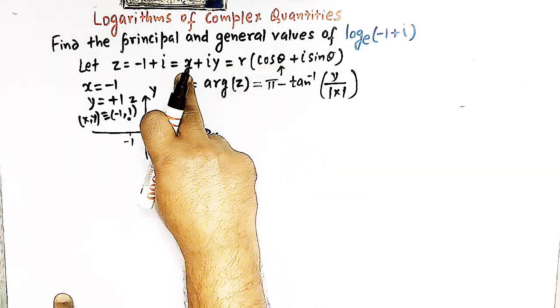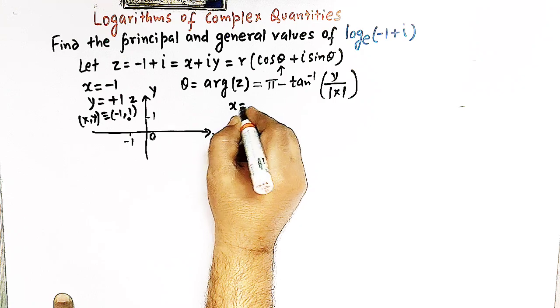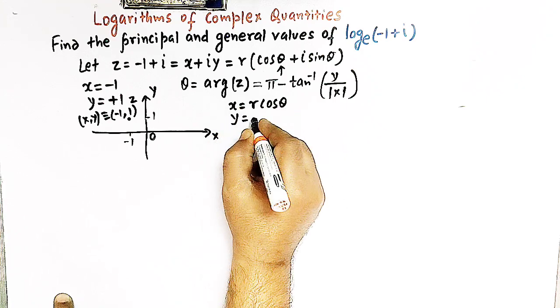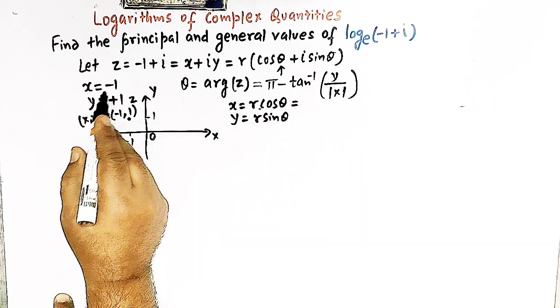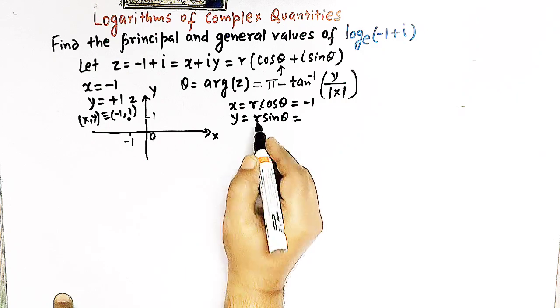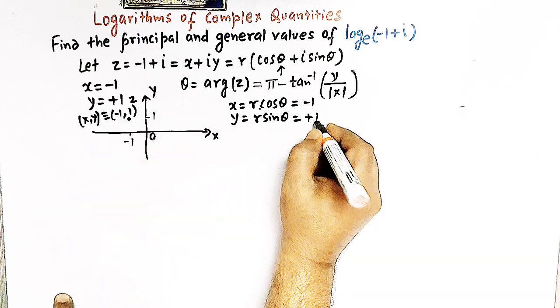So now if we compare these two complex numbers, then x is equal to r cos theta, y is equal to r sine theta, and r cos theta is equal to x, that is equal to minus 1, and here r sine theta is y, that is equal to plus 1.